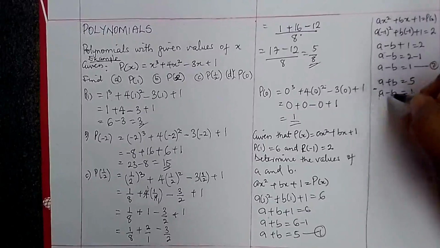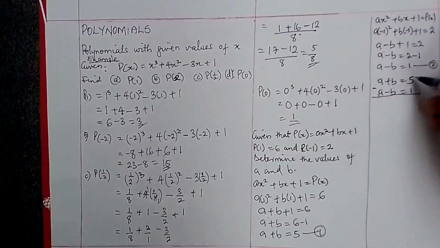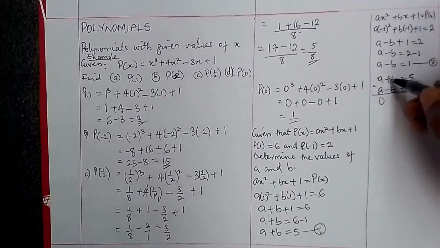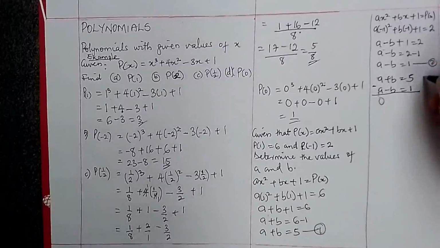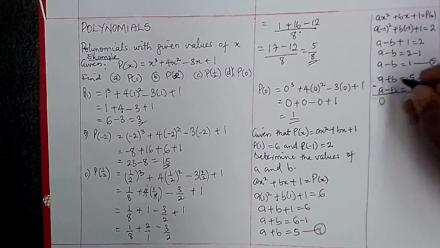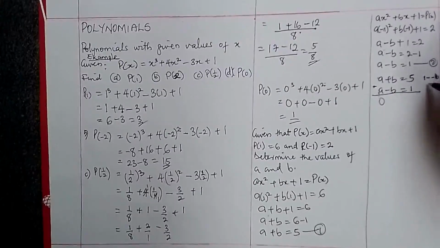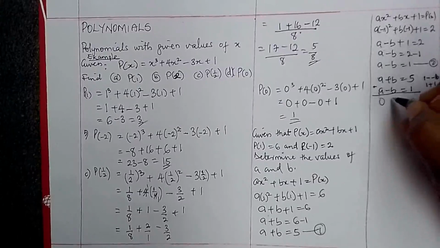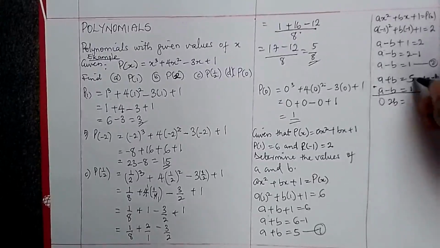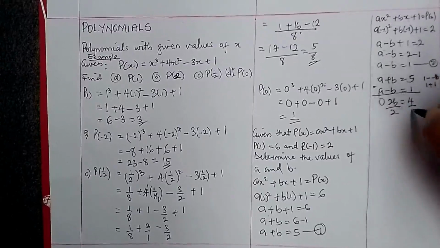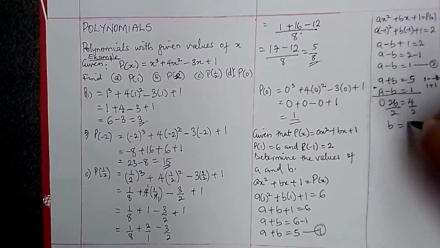We just subtract directly. So we have a minus a is 0, b minus minus b, that's b plus b, so we have 1 plus 1, which is equal to 2. So this becomes 2b is equal to 5 minus 1 is 4. Divide both sides by 2. So what we have, b will now be equal to 2.